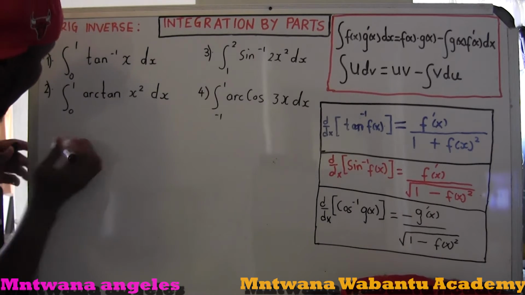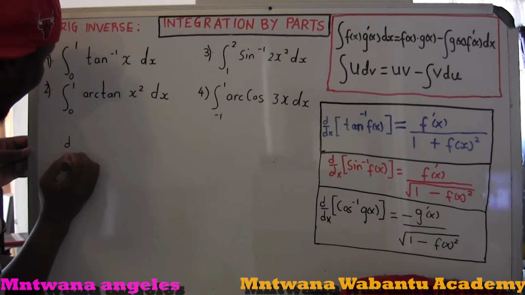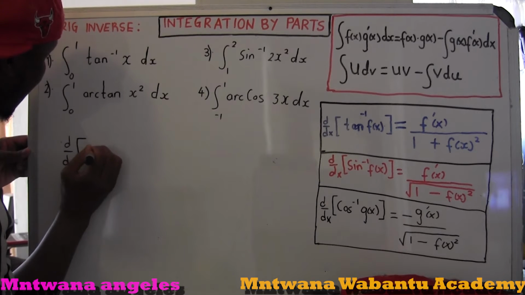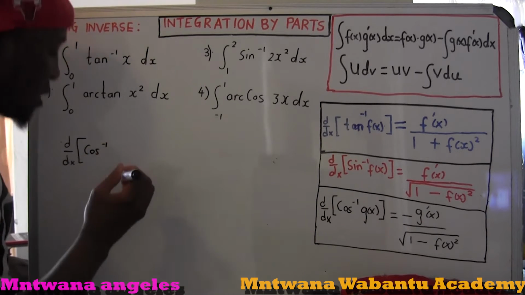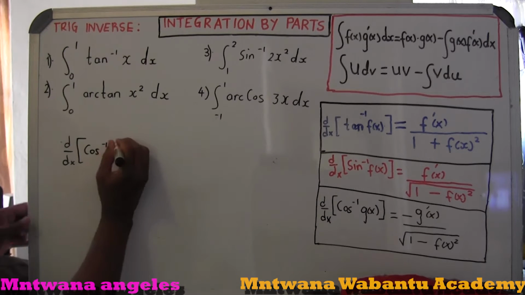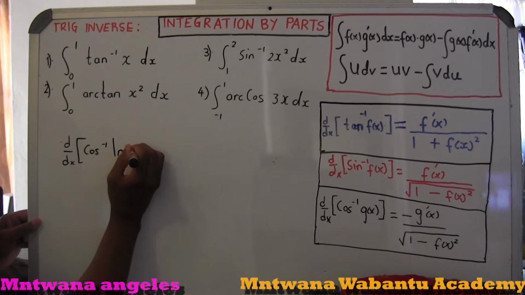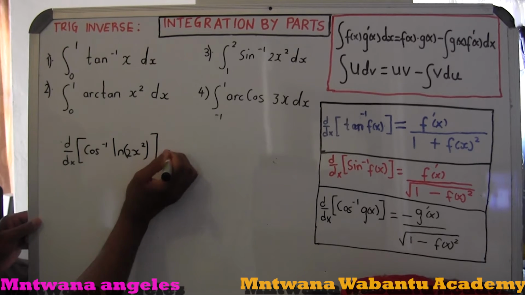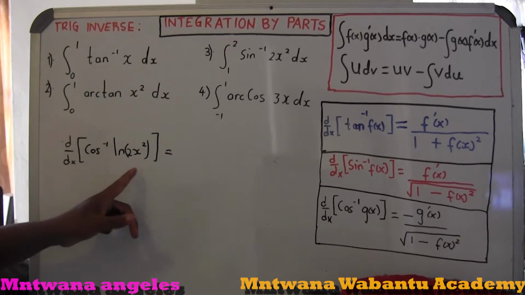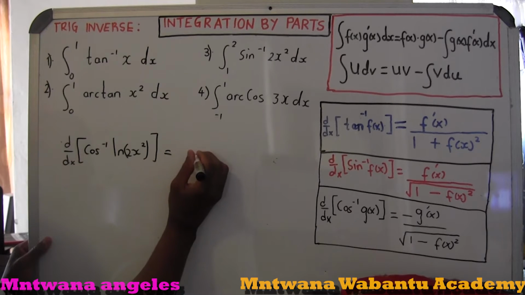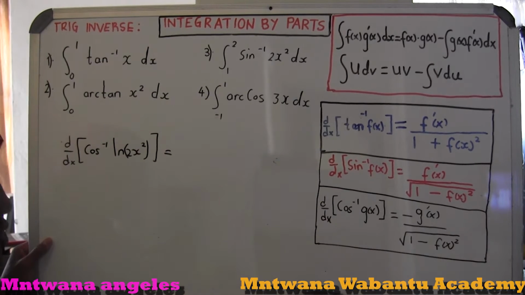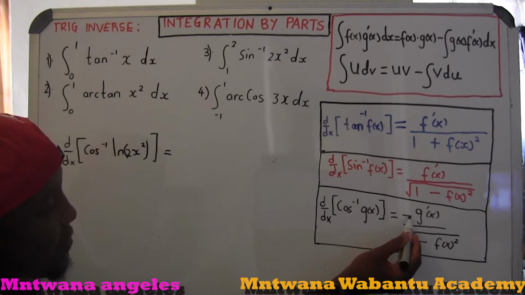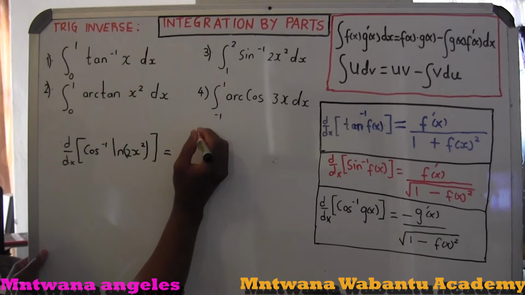For example, if somebody gives you, differentiate cos inverse, or arccos, of ln 2x. What we're going to do for cos is almost the same as sine, but the only difference is you put a negative.